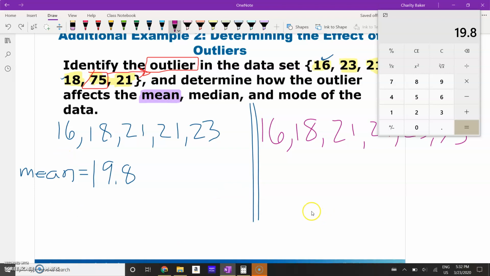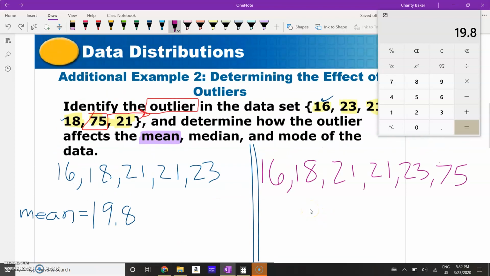Now let's find the mean of the other set of numbers. This is the one where we have the outlier left in. So what's the mean going to be here? We're going to add them all together again. So we have 16 plus 18 plus 21 plus 21 plus 23 plus 75. And what are we going to divide by? 1, 2, 3, 4, 5, 6 numbers.